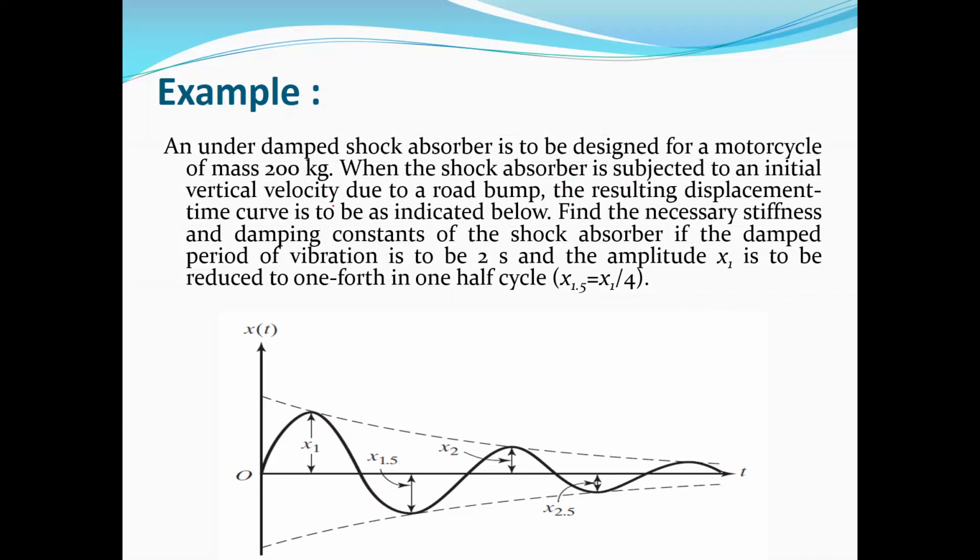Find the necessary stiffness and damping constants of the shock absorber if the damped period of vibration is to be 2 seconds and the amplitude x1 is to be reduced to 1/4 in 1/2 cycle. It means that x sub 1.5 is equal to x1 divided by 4.